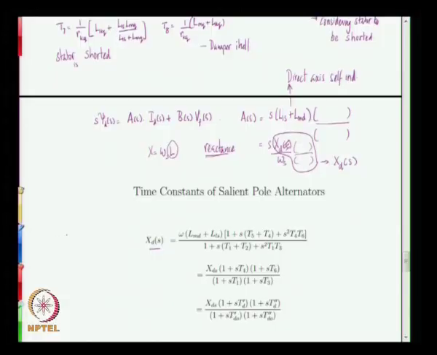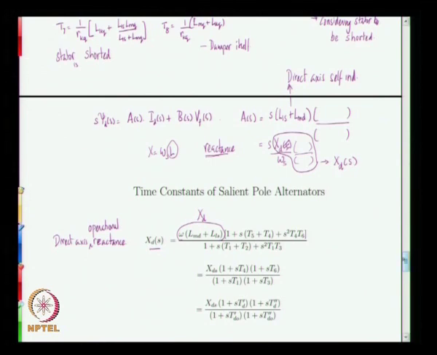So x d of S, we can call it the direct axis operational reactance, which is omega multiplied by LMD plus LLS. This term is your x d, the direct axis reactance, multiplied by a second order term in S divided by another second order term in S.